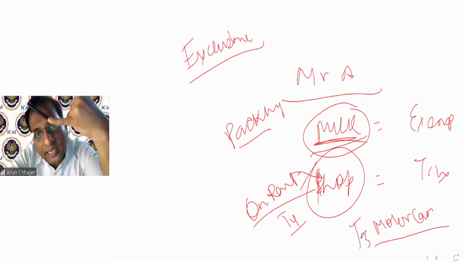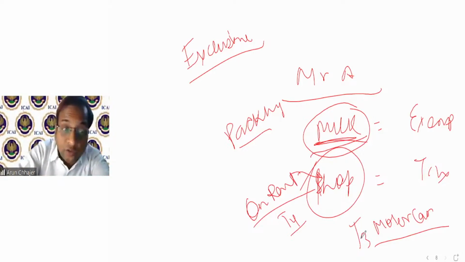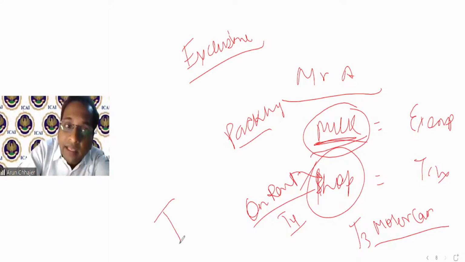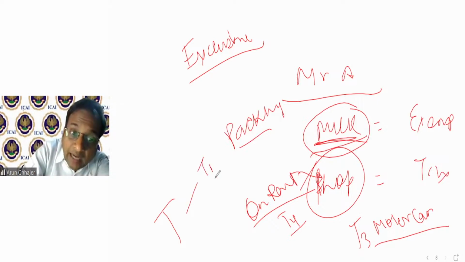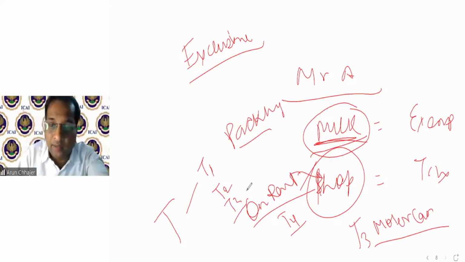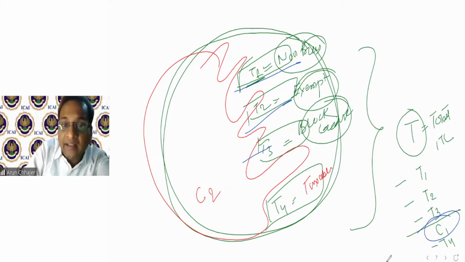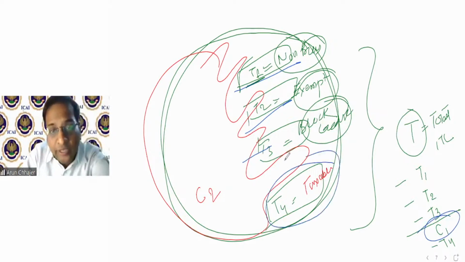Out of the total ITC T, he has to remove the one-to-one ITC which is linked to taxable, exempted, non-business, and block categories. When he removes T1, T2, T3, the balance is called C1, and out of that he removes T4, then the balance is called C2.